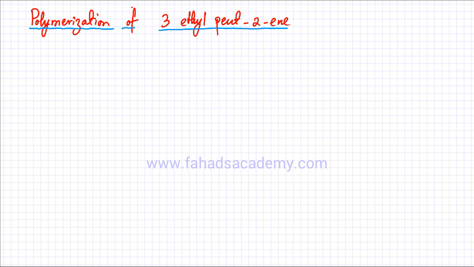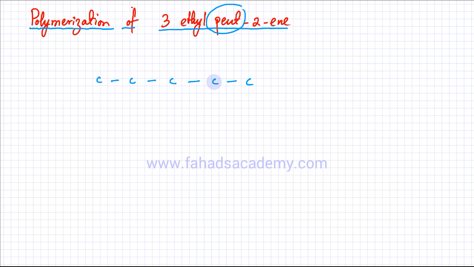We will now try and attempt to polymerize 3-ethylpentene. I would first draw the structure of pentene. Pent means that it has 5 carbon atoms. So I'm going to draw 5 carbon atoms: 1, 2, 3, 4, and 5.